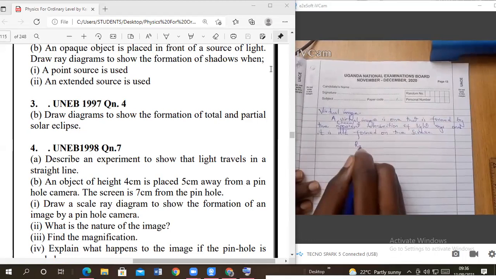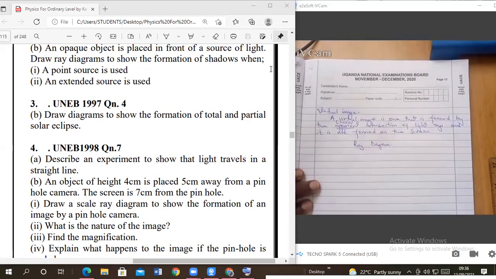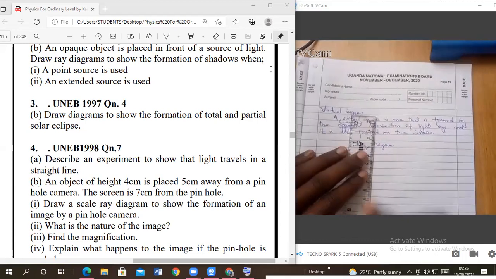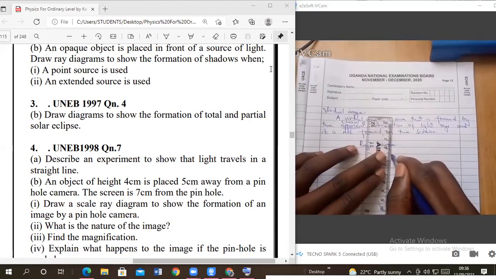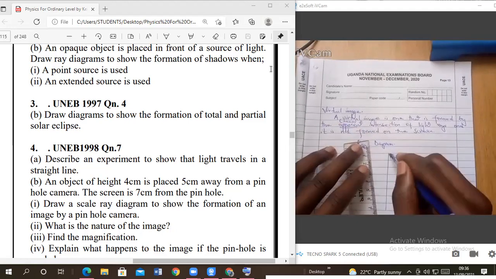Let's look at a ray diagram for that. This time I'm going to position a plane mirror differently. I'm going to make it stand vertically.